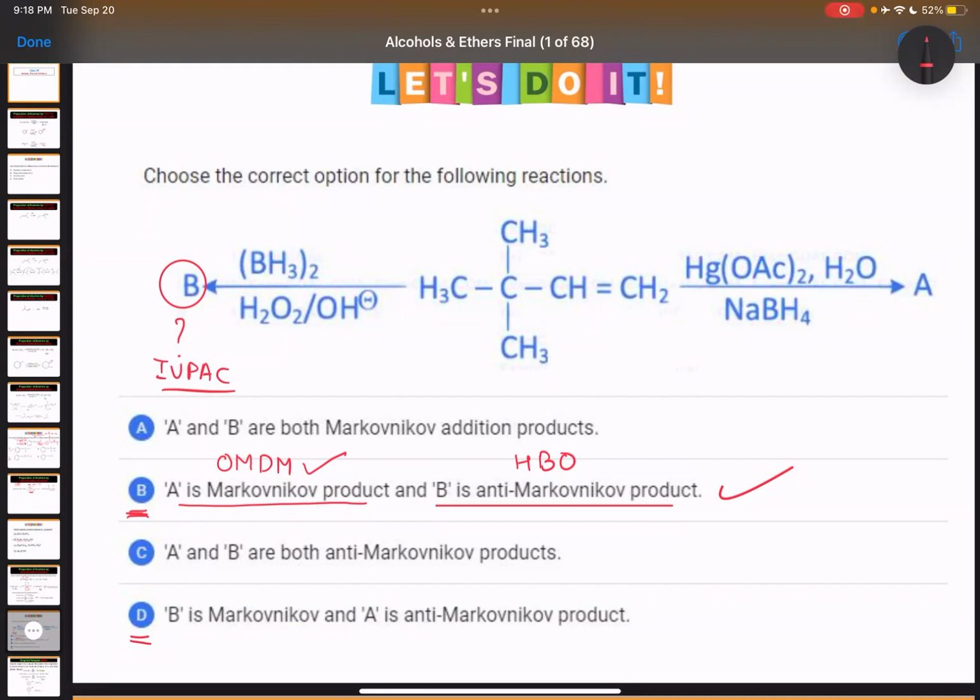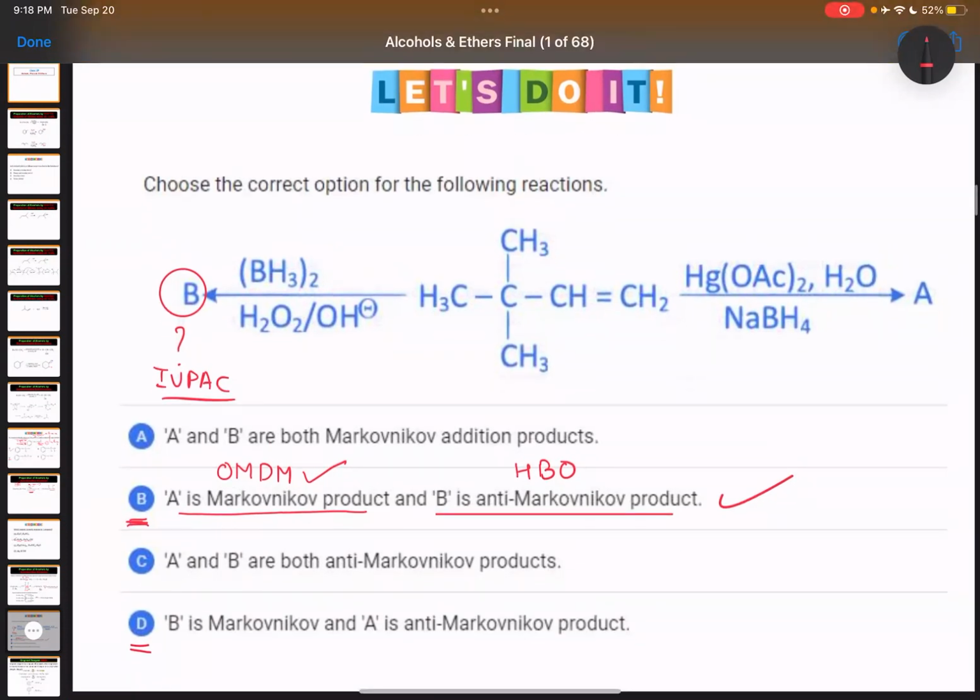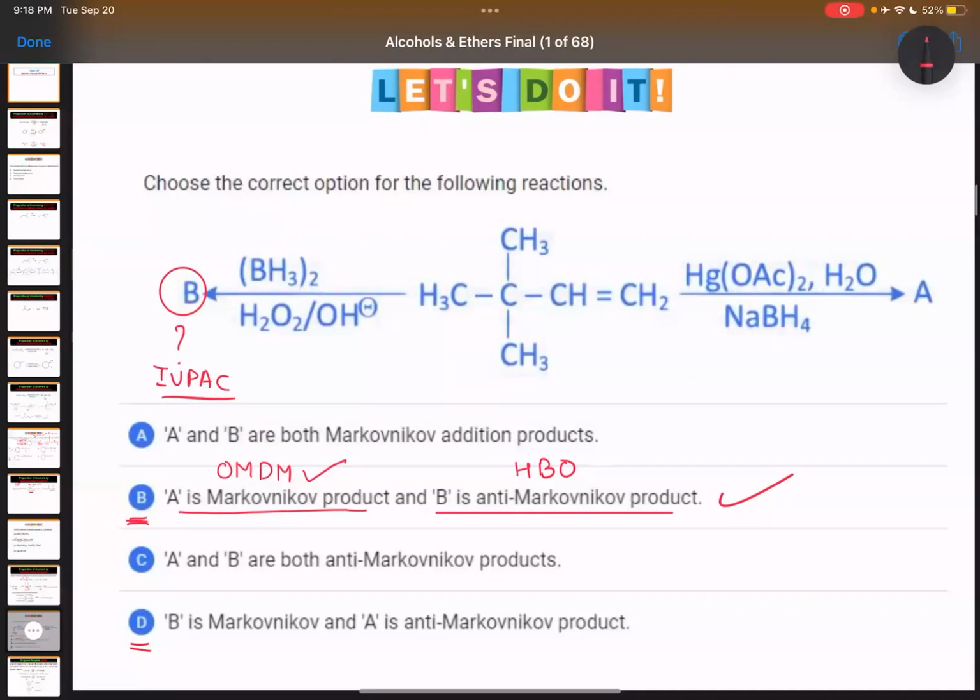Sir, what's the IUPAC name of the product, B? 3,3-dimethyl butanol.